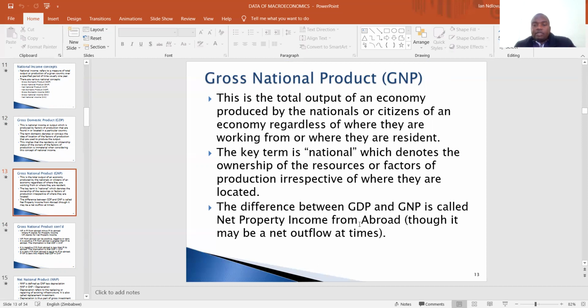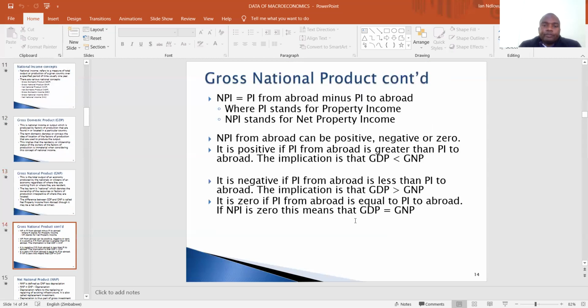The opposite is that when we subtract from GNP net property income from abroad, we get GDP. So NPI is property income from abroad minus property income to abroad, where PI stands for property income and NPI stands for net property income.